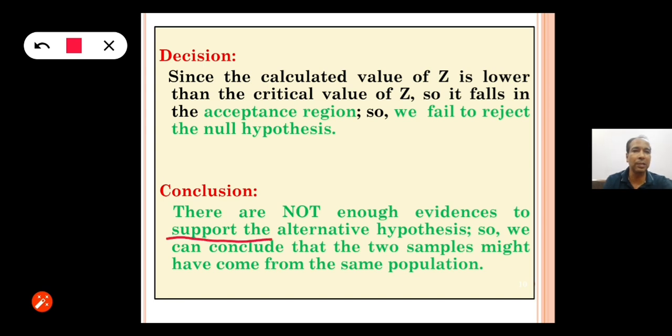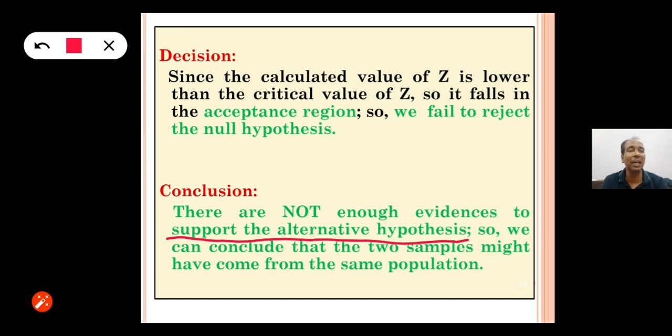So we can conclude that the two samples might have come from the same population. That is what the null hypothesis was: that the two samples are drawn from the same population, or if they are drawn from two different populations, then their variance is the same.